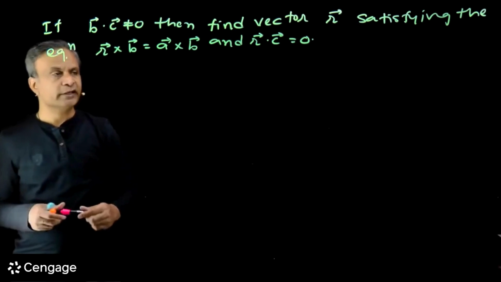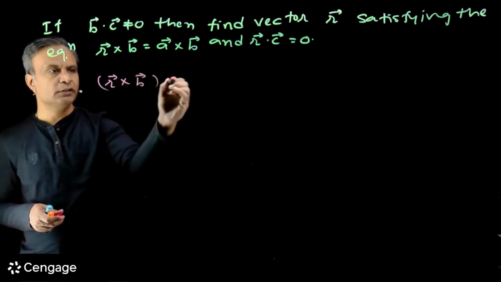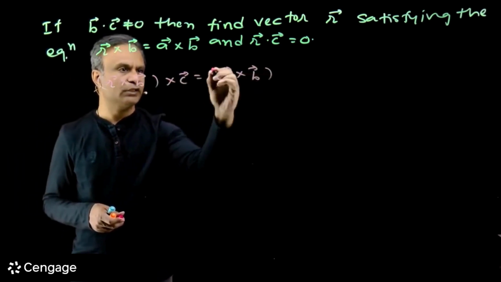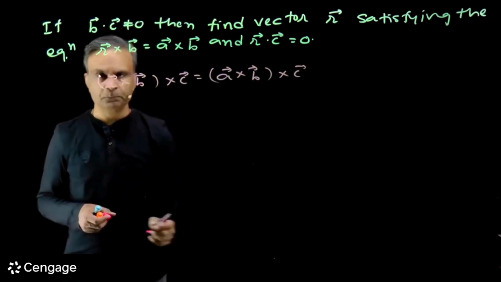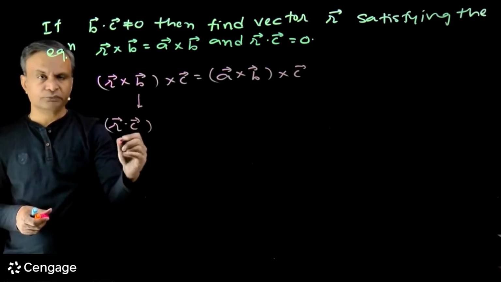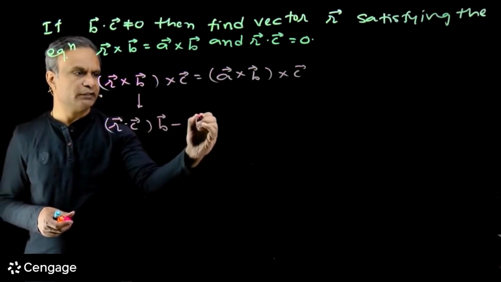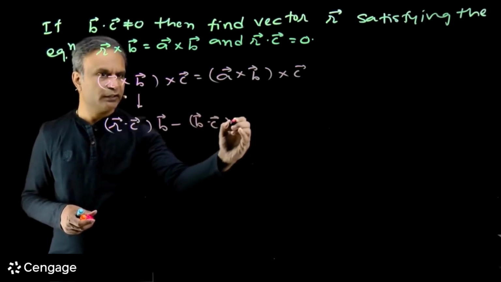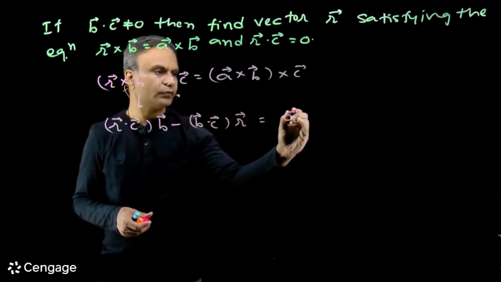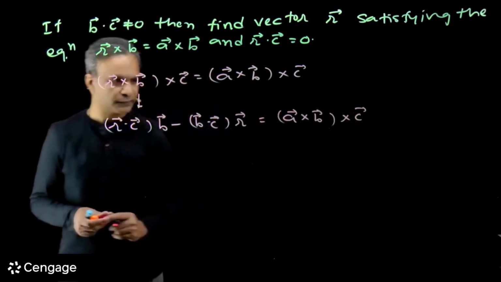So taking cross with c, we get (r cross b) cross c is equal to (a cross b) cross c. This is (r dot c) times b minus (b dot c) times vector r. This is equal to (a cross b) cross c.